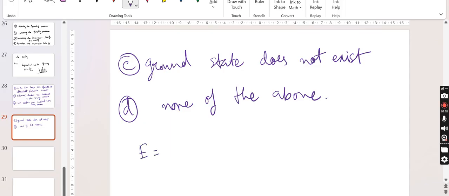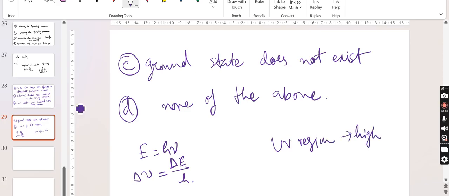So basically, we know E is equal to h nu. So delta nu is basically delta E by h. For the ultraviolet region, we need high frequency. The high frequency we will get when the transition occurs between the inner electronic energy levels.